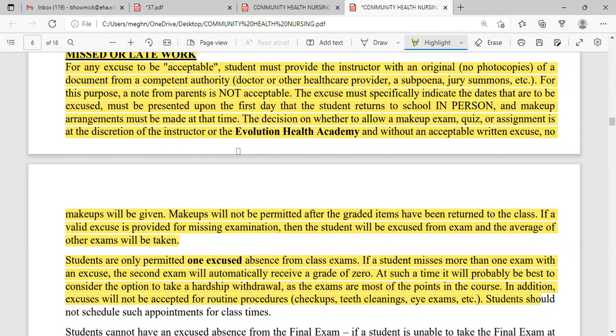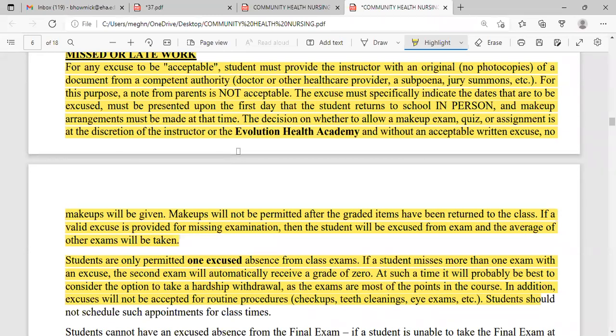For this purpose, a note from parents is not acceptable. The excuse must specifically indicate the dates that are to be excused, and must be presented on the first day that the student returns to the school in person.